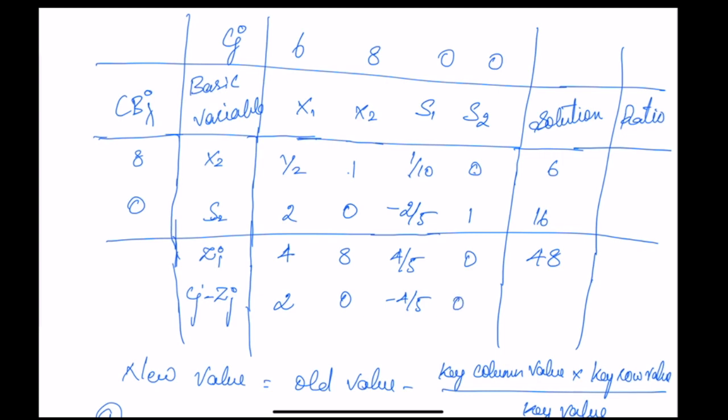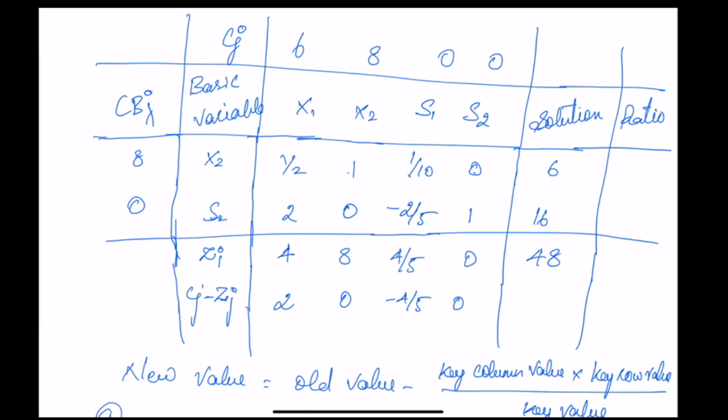Cj minus Zj can be called as solution deciding step, right? Because when all the elements of Cj minus Zj are either 0 or negative, it means that we have obtained the solution level. Till we get the positive values for maximization objective function, we have to proceed with the next iteration.